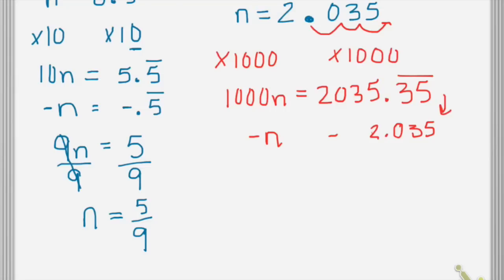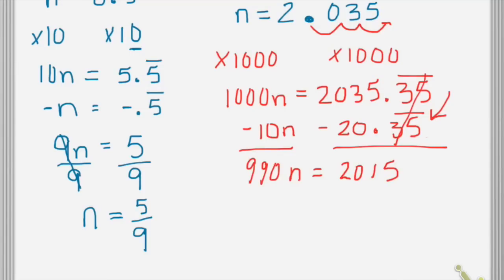In this case, instead of just subtracting 1n from both sides, we subtract 10n from both sides, because there are those two repeating digits, and we need to get that repeating part off of both sides.